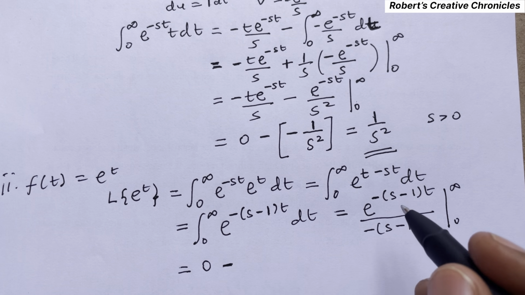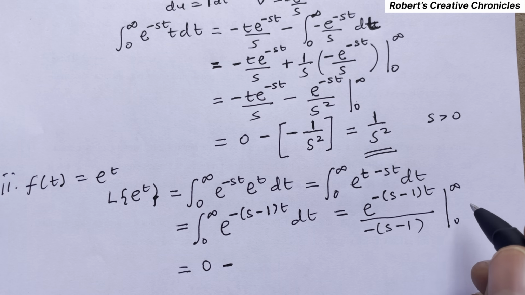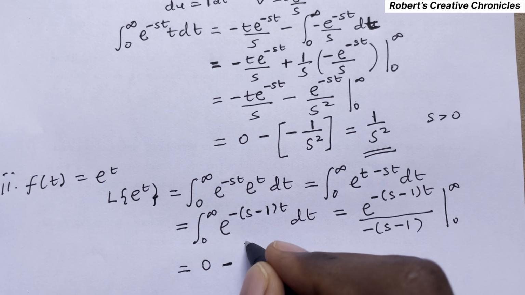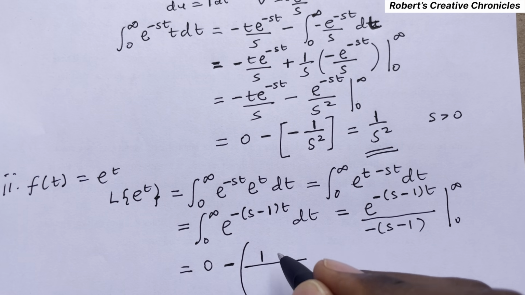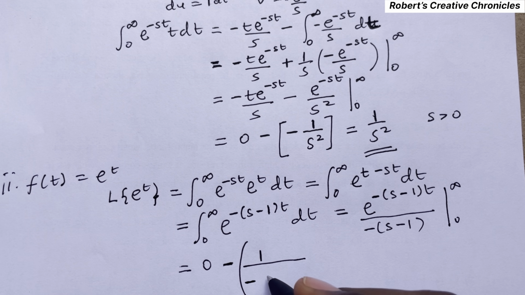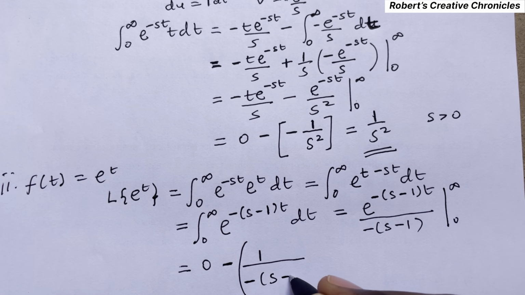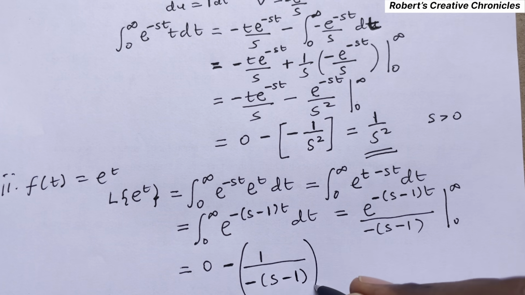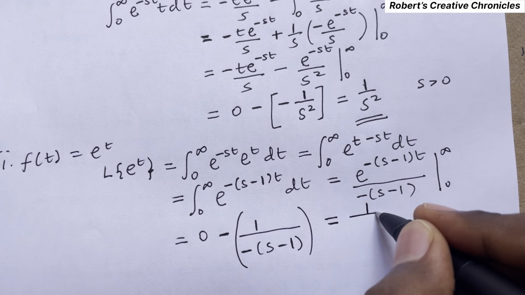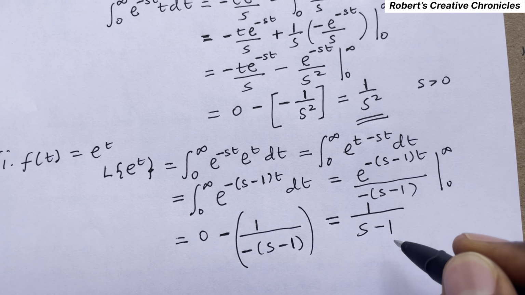So it is 1 over negative (s minus 1). Then now, if you open the bracket, this becomes 1 over s minus 1.